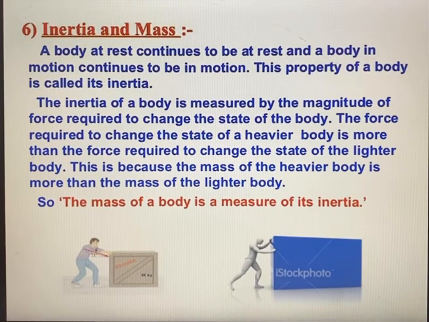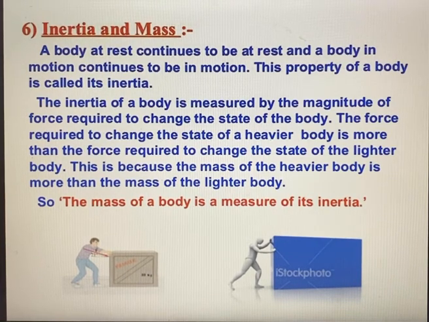So the force required to change the state of a heavier body is more than the force required to change the state of a lighter body. That means you have to apply larger force for large or heavy objects than for lighter objects. This is because the mass of the heavier body is more than the mass of the lighter body. So the mass of a body is a measure of its inertia.